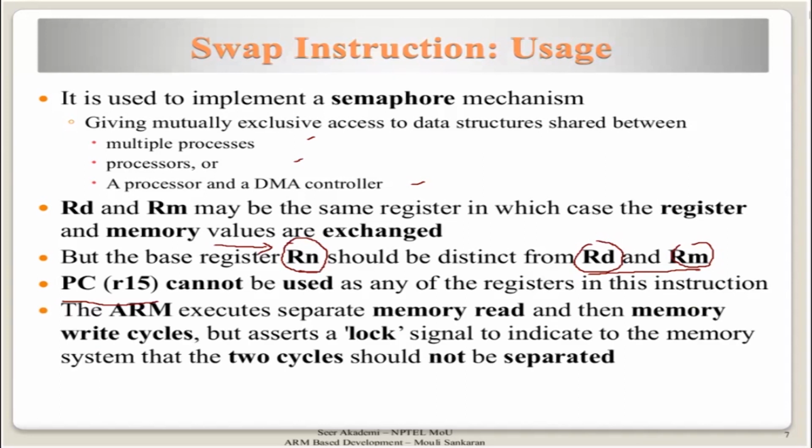ARM executes separate memory read and write cycles. They perform one read cycle and one write cycle, but in between, as I mentioned, a lock signal is generated to indicate to the memory that once the read has happened, do not break the memory cycle, and allow another write cycle to happen from the same processor, so that both of them happen together without any break in between.